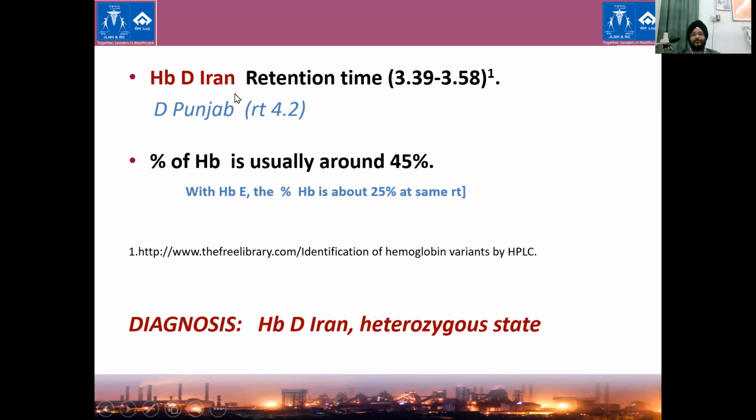And here we see HbD Iran; in the literature, it has a retention time of approximately 3.4 to 3.6, which falls in the HbA2 window, and the percentage is approximately 45%. So combining all these findings, the patient's husband had a heterozygous state for HbD Iran.